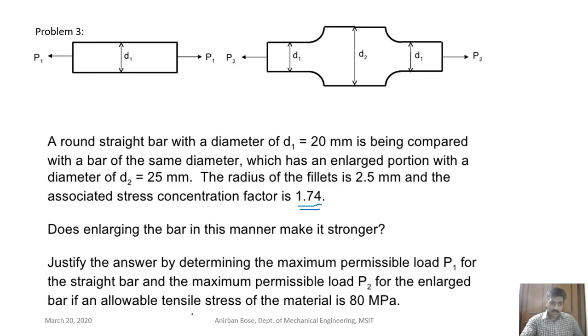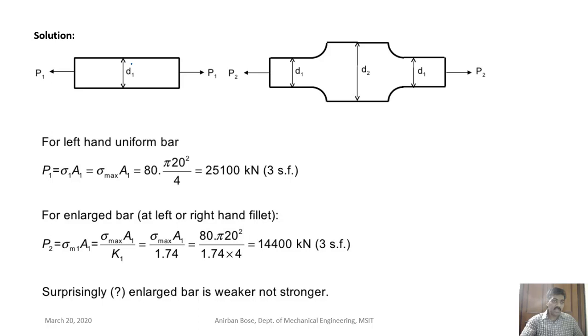So how to solve the problem? It is given again, the allowable tensile stress of the material is 80 megapascal. So the maximum allowable stress is given, exactly similar to what we have done before. So you know what the sigma max is. For this one it is very simple, there are no stress risers, so the load will be equal to sigma max, because sigma max will be uniform throughout the cross section.